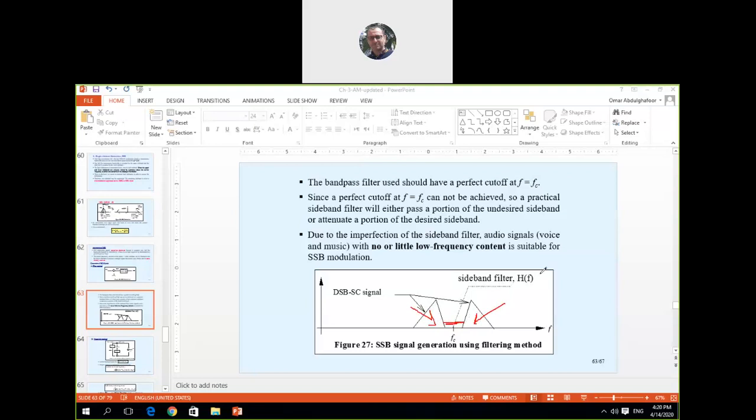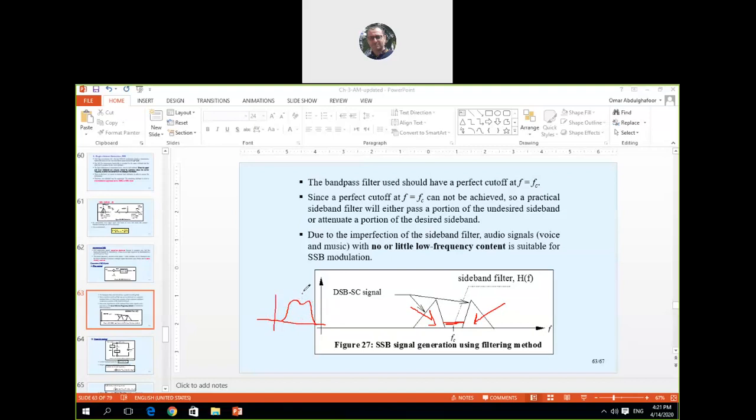But in most scenarios, if you remember when we draw our spectrum, there is not much separation between upper and lower.